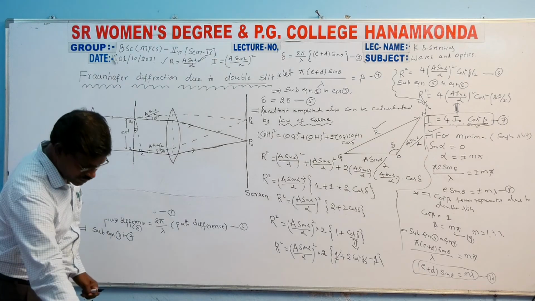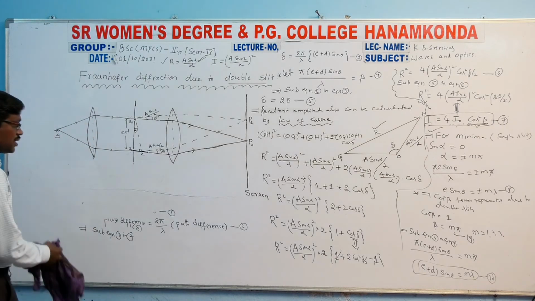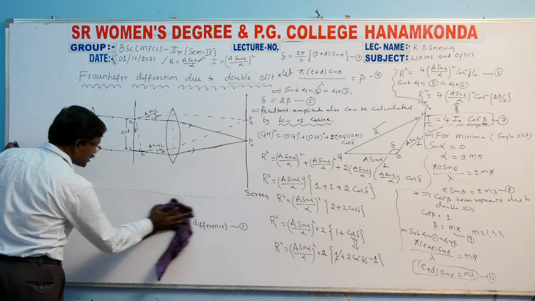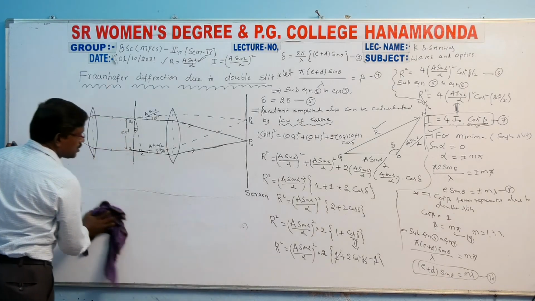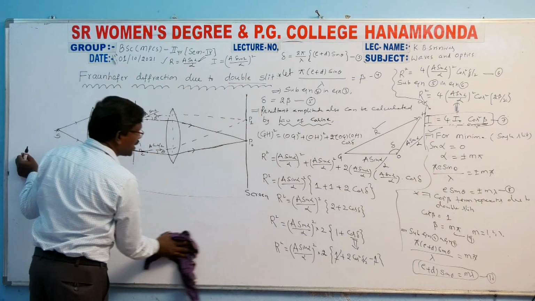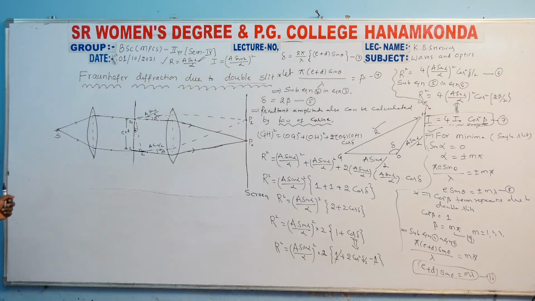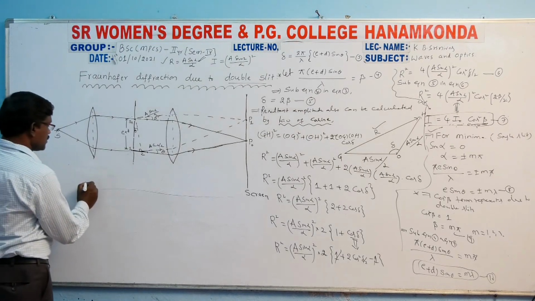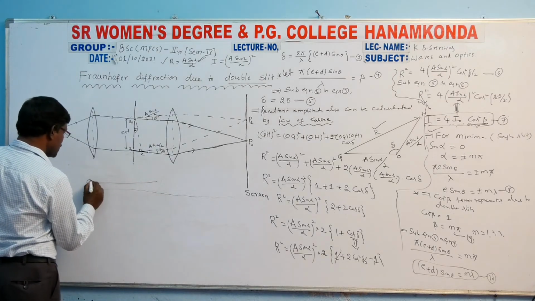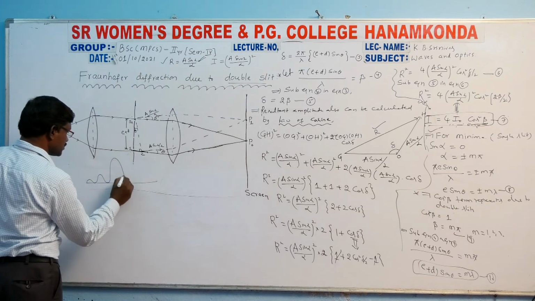And we have drawn a diffraction pattern due to double slit. Already I have drawn the diffraction pattern due to single slit. Just remember, the diffraction pattern due to single slit is like this.